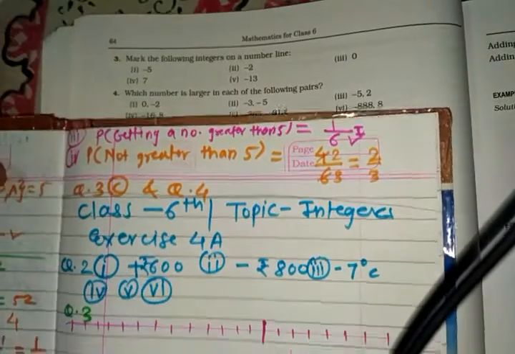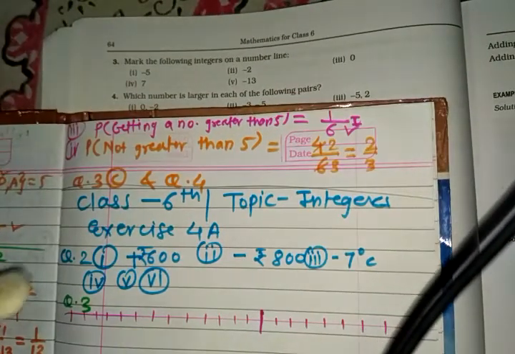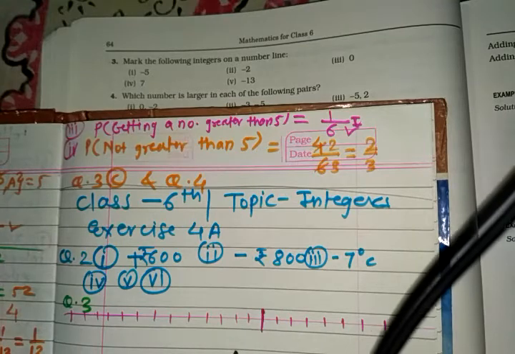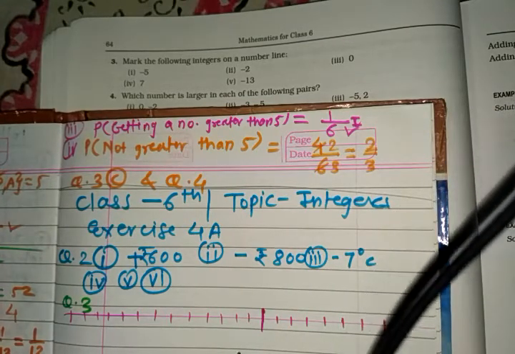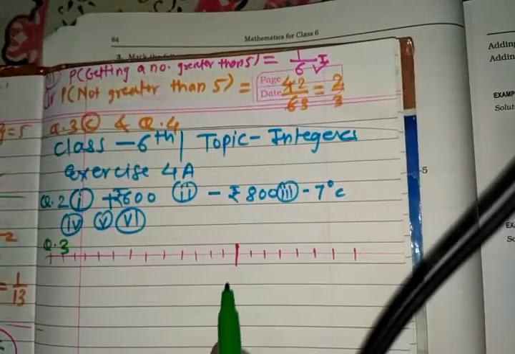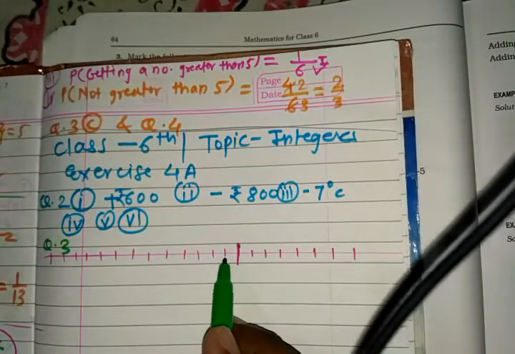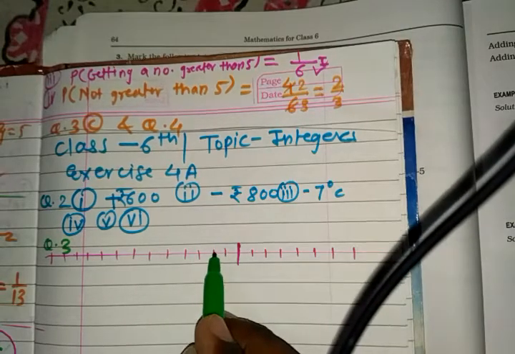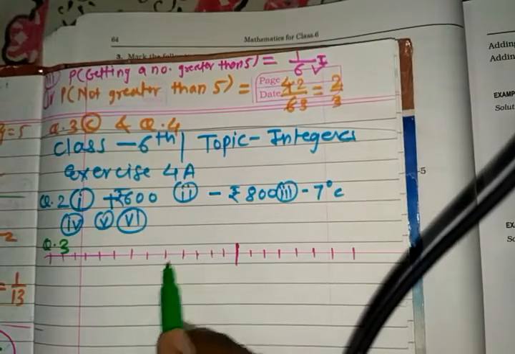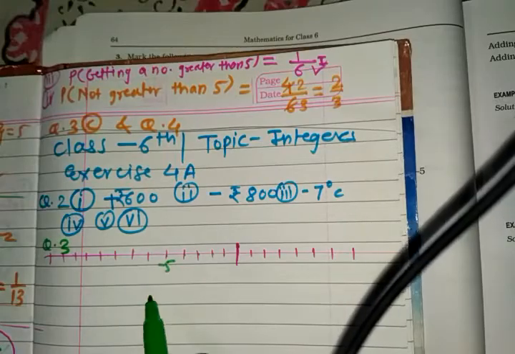The first integer we have to represent is minus 5. Which side do we go for negative integers? Yes, on the left hand side, right? So on the left hand side we will go minus 5. It is minus 1, minus 2, minus 3, minus 4, and this is minus 5.